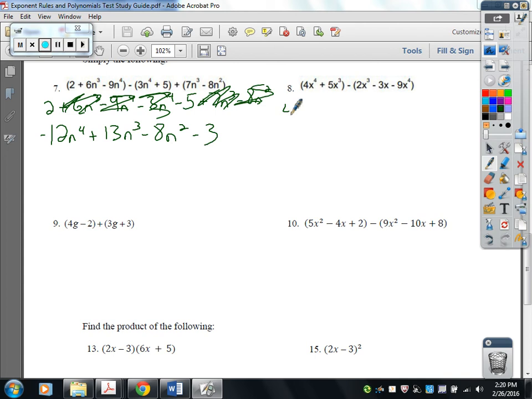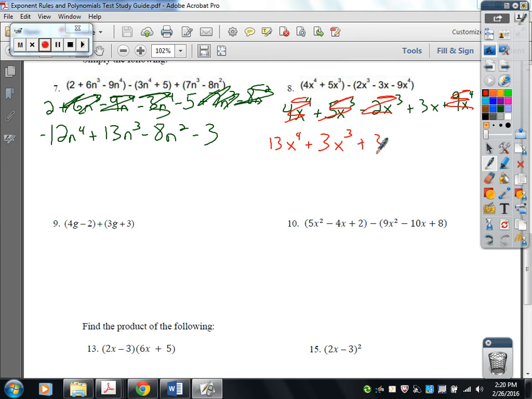Moving on. 4x to the fourth plus 5x to the third minus 2x to the third plus 3x plus 9x to the fourth. So 4x to the fourth plus 9x to the fourth is 13x to the fourth. 5x cubed minus 2x cubed is positive 3x cubed.